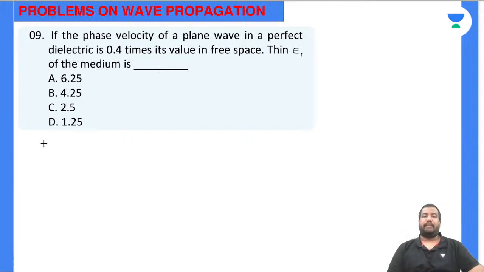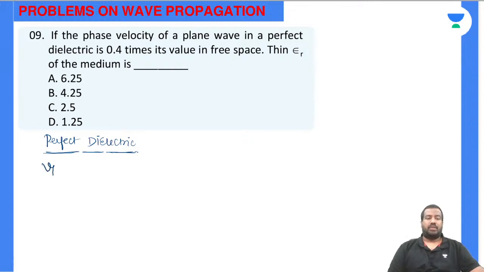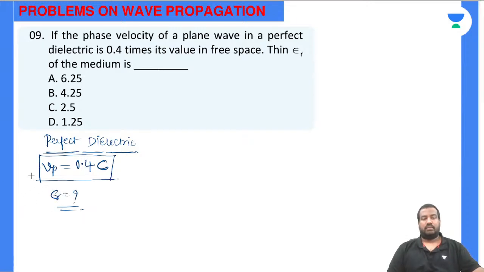If the phase velocity of a plane wave in a perfect dielectric, given that it is a perfect dielectric, phase velocity of a plane wave in a perfect dielectric is 0.4 times its value in free space, that is C. So he has given that Vp is 0.4 C. Then epsilon r of the medium is, what is epsilon r of the medium?